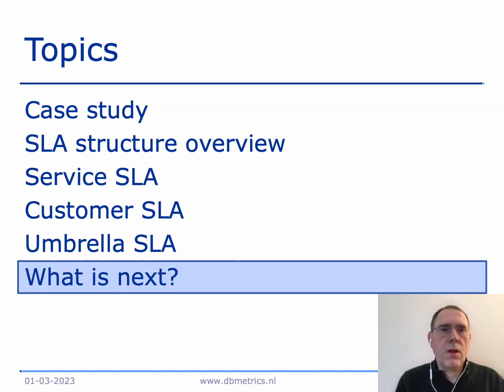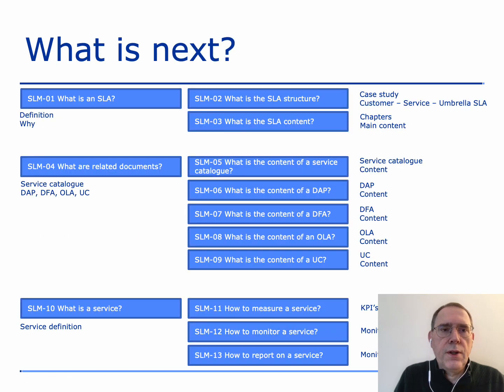So we are at the end of this part, and I'll show you what is next in the SLA series. There are three major parts: the definition of the SLA, what is an SLA, what is the structure, and what's the content. The next part is part 3, and that's about the content of the SLA.